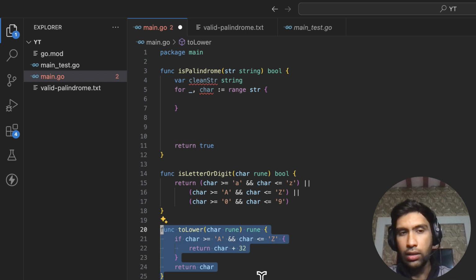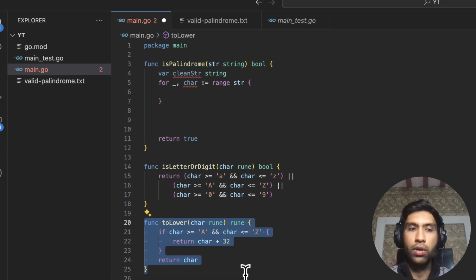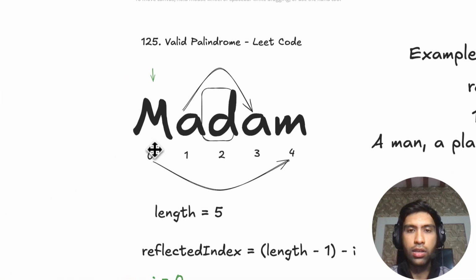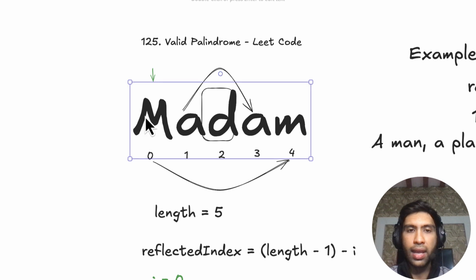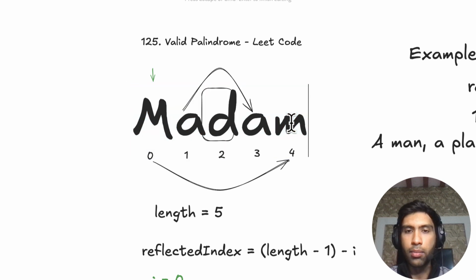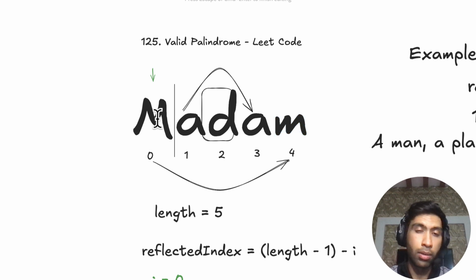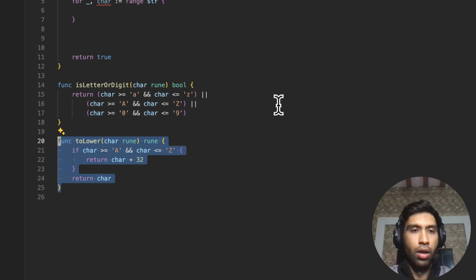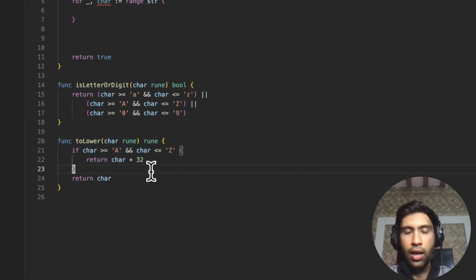The other functionality we're going to need is to lowercase some of our characters. For example, in this case, 0 and 4 are a reflection, but M is uppercase and this m is lowercase. So we need a way to lowercase our entire string as well, so during comparison we're not comparing uppercase and lowercase characters. Instead, we're comparing the same characters. The way I calculated the lower string is simply an ASCII increment of 32.